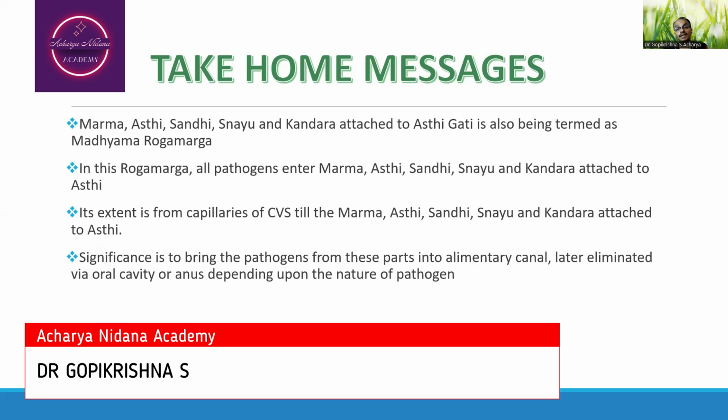From the alimentary canal, they can be eliminated via the oral route in the form of vamana, or through the anal route via virechana or purgation therapy, or basti, medicated enema therapy.